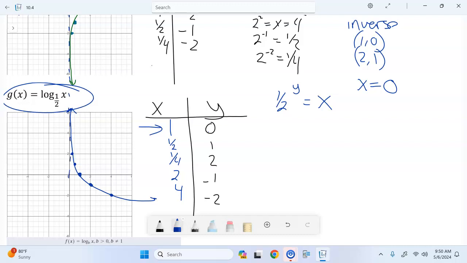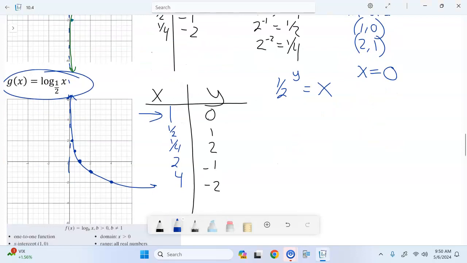Still approaching the x-axis as it goes down and to the right, and up and to the left. If we want to look at the inverse of an exponential decay function, that's our exponential decay function, we're still going to have that symmetry across the line y equals x. We still have the symmetry on an exponential decay function as we do with that logarithm.